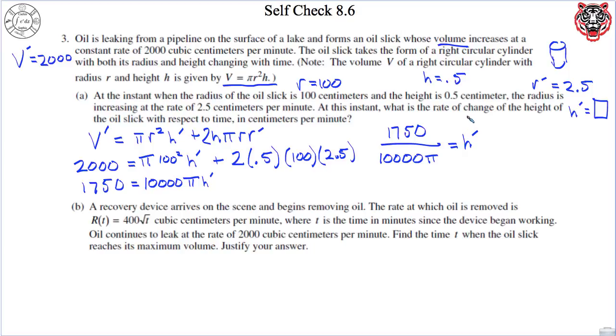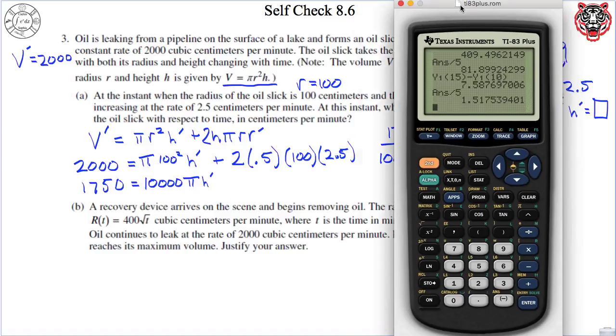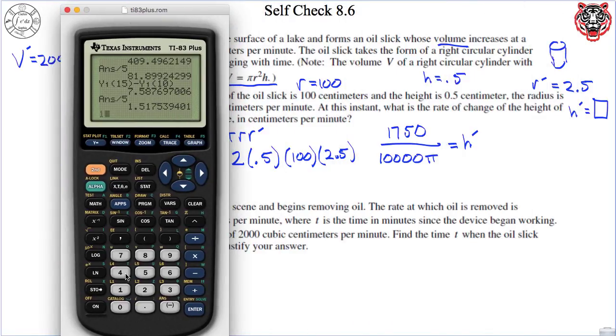And let's see how to square this thing. It turned into a decimal. I guess you're supposed to be using a calculator. Let's calculate what that decimal should be because I don't know if it's correct or not. 1750 divided by 1, 2, 3, 4 zeros, and then I'm going to divide that by pi. I get 0.055.